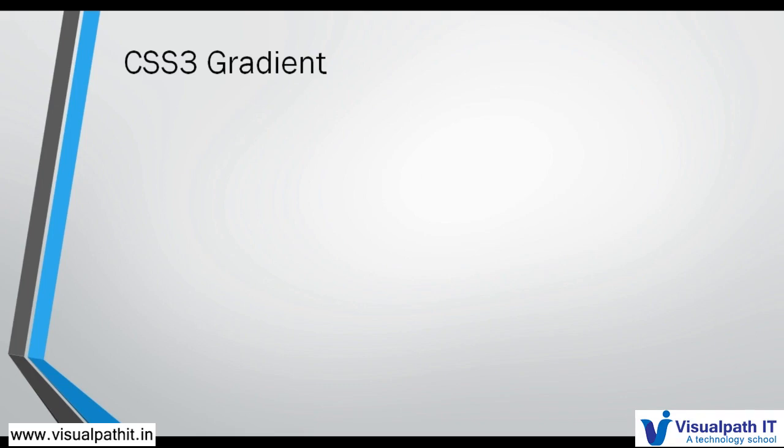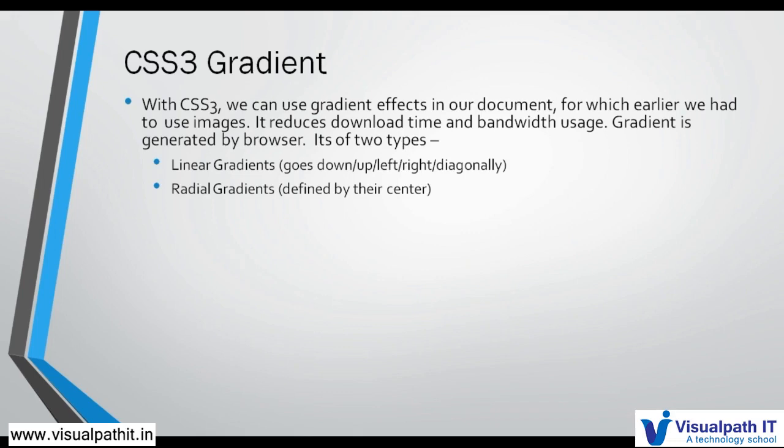Here we have CSS3 gradient, which is a property under CSS3. With CSS3, we can use gradient effects in our document, for which earlier we had to use an image. To do so, we used to use a patch of the image, then extend it along the x-axis or the y-axis with the help of CSS in the HTML itself.